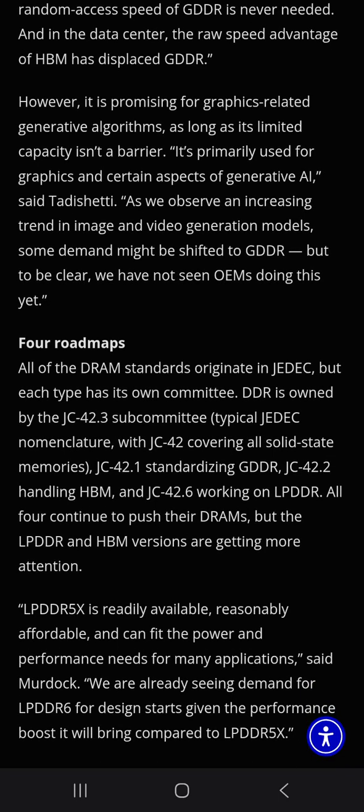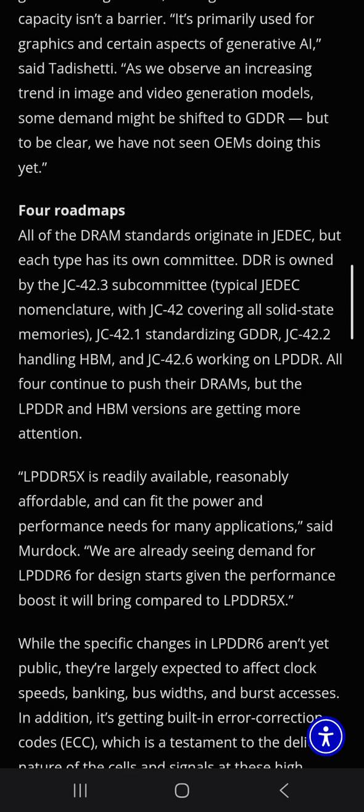Roadmaps. All of the DRAM standards originate in JEDEC, but each type has its own committee. DDR is owned by the JC-42.3 subcommittee, typical JEDEC nomenclature, with the JC-42 covering all solid-state memory, JC-42.1 standardizing GDDR, JC-42.2 handling HBM, and JC-42.6 working on LPDDR.